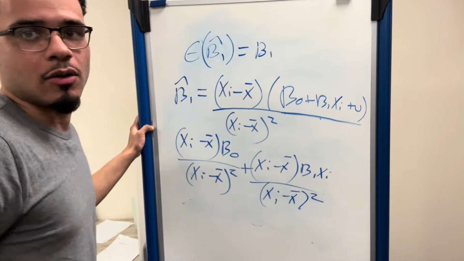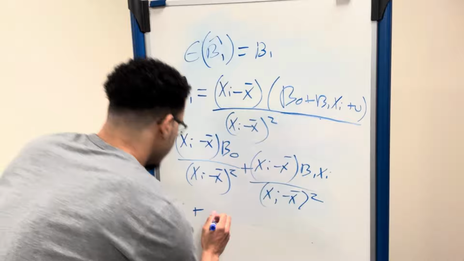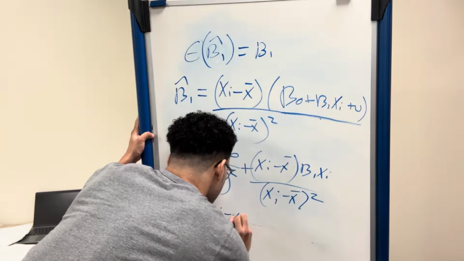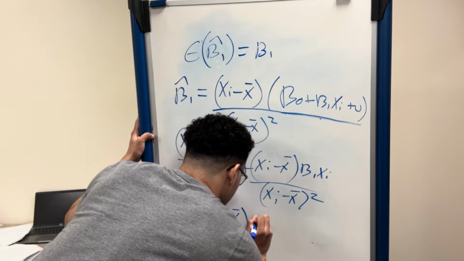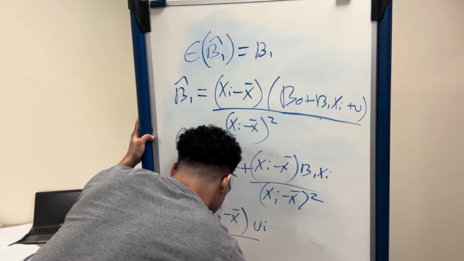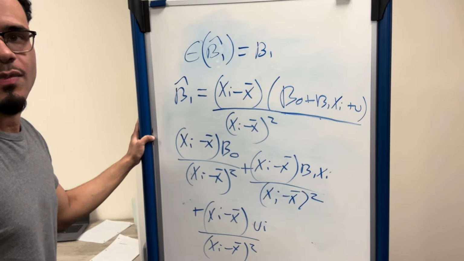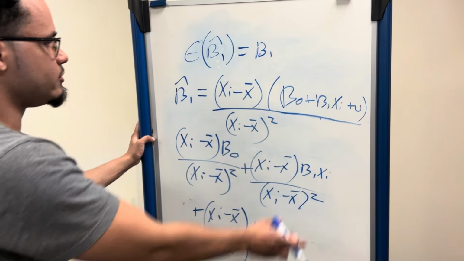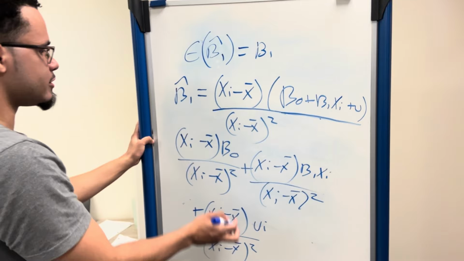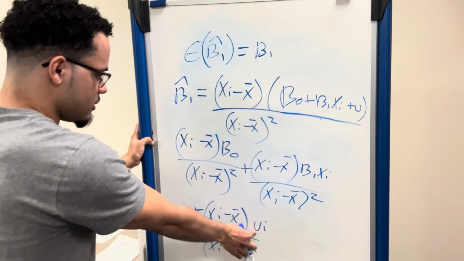And then we also need to account for the error term. So essentially, we've decomposed our OLS estimator into 3 terms: one with beta naught, one with beta 1 xi, and then one with the error term, right?